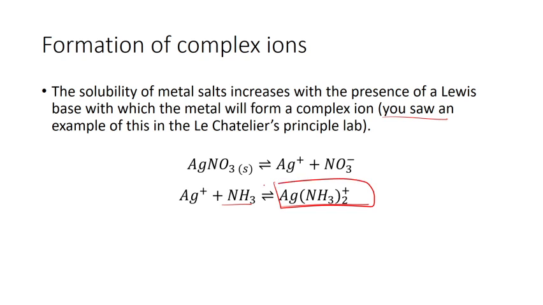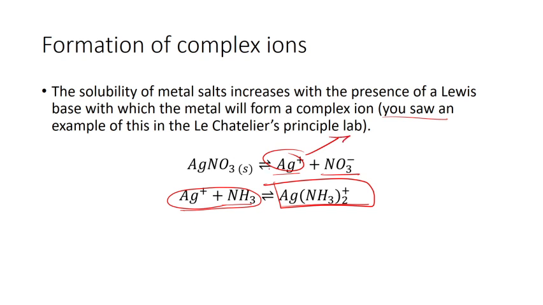This thing right here. Now, the same thing is going on here as with the acidic solution. You're producing silver and you're producing nitrate. And then here you have a reaction where you're combining the silver and forming this silver ammonia complex, which basically means you're removing silver from your equilibrium.